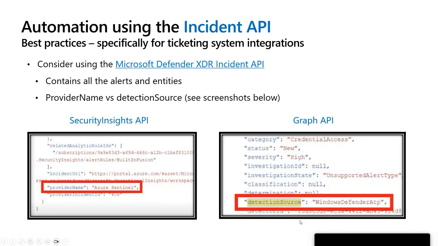In this case, I have an example with Windows Defender ATP, the old name for MDE, using Graph API. So I highly recommend, if you're not using Graph API today for incident and alert querying, that you check it out. We have documentation available as well.